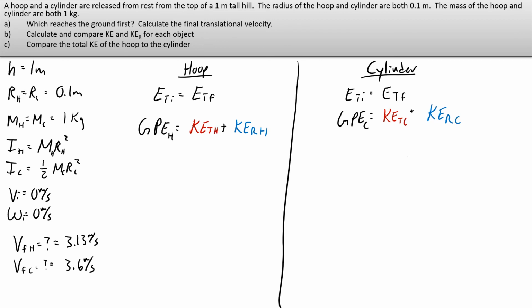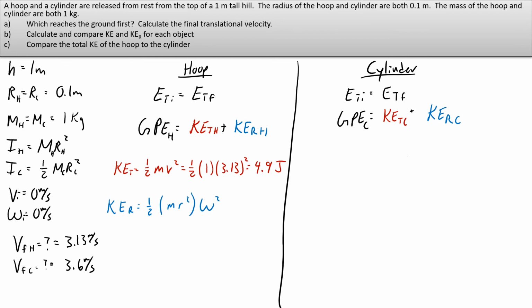The kinetic energy for the hoop, the linear or translational, looks like this. You get about 4.898, so 4.9 joules of translational kinetic energy. Then for the rotational, we're going to have to plug in for I, and we didn't calculate the final angular velocity, so we'll use the switcheroonie again.